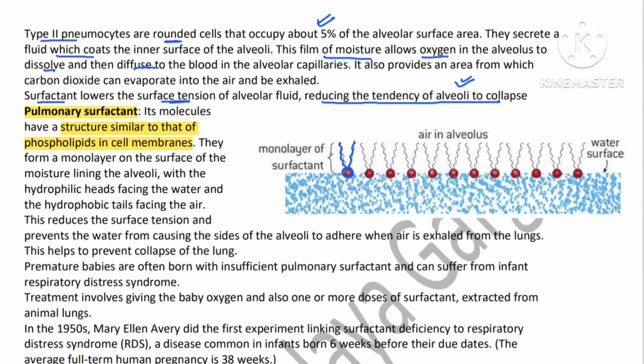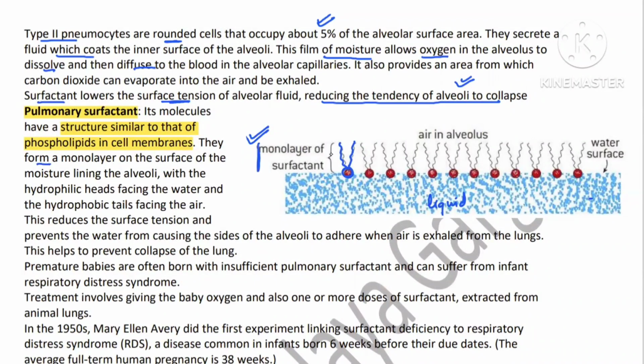This is the liquid lining the alveoli so that oxygen dissolves here. So surfactant makes a monolayer on the surface of the water so that surface tension can be reduced.